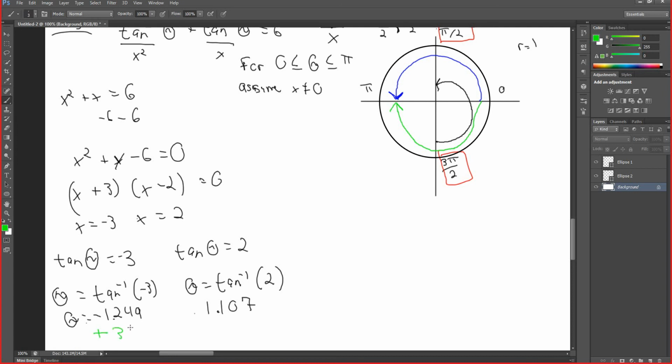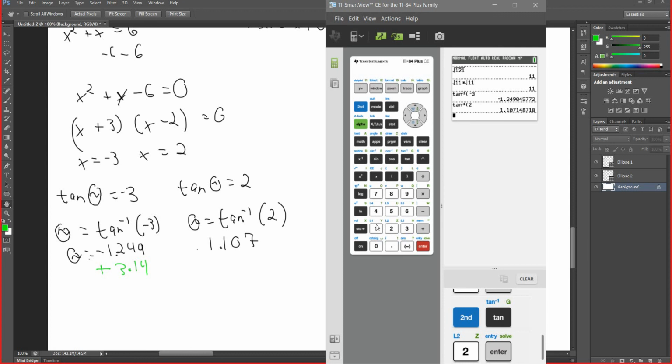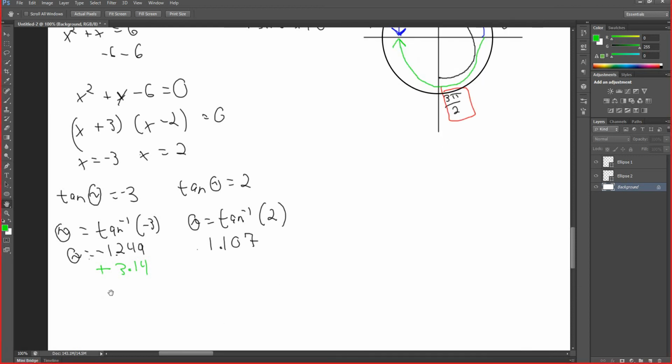So I'm just going to add 3.14 to be able to get it as a positive angle. 1.249 plus 3.14 is going to be 1.89.